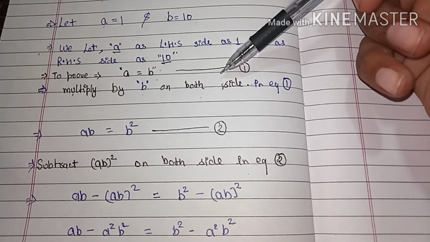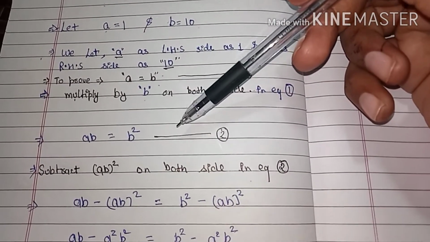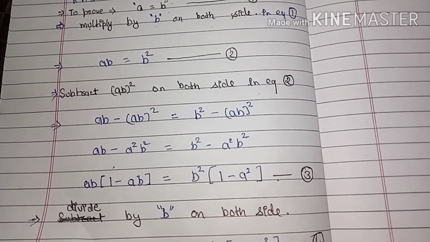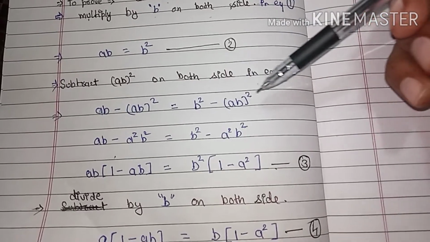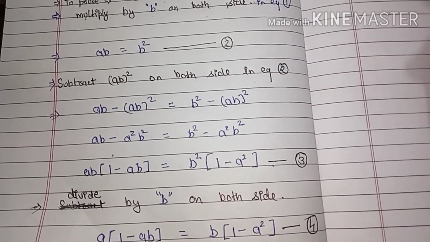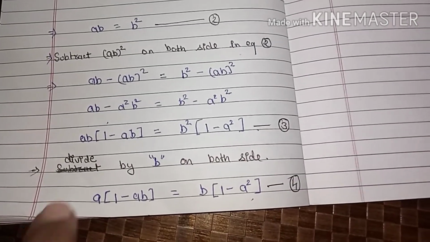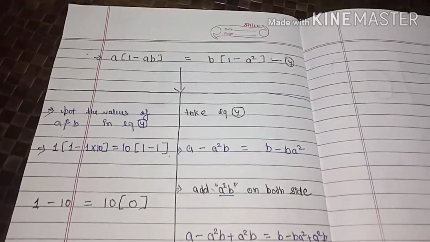We get AB is equal to B square, then subtract AB whole square on both sides in equation 2. So AB minus AB whole square is equal to B square minus AB whole square. Okay, this is the procedure.